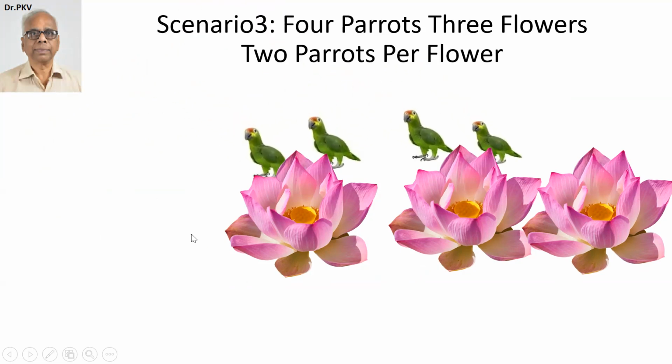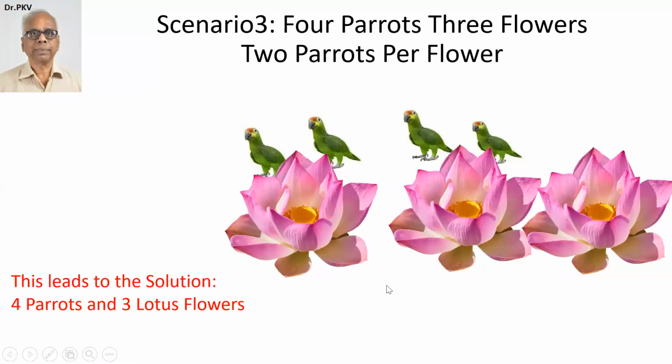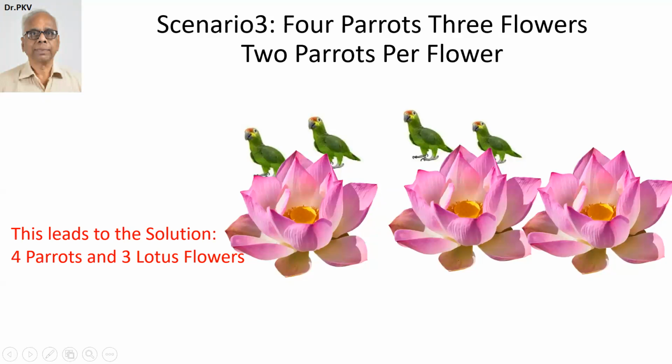When 2 parrots sit at that rate per flower, first flower is occupied, second flower is occupied, 4 parrots distributed among 2 flowers. Now 1 flower is extra. Therefore, this leads to the solution 4 parrots and 3 lotus flowers.